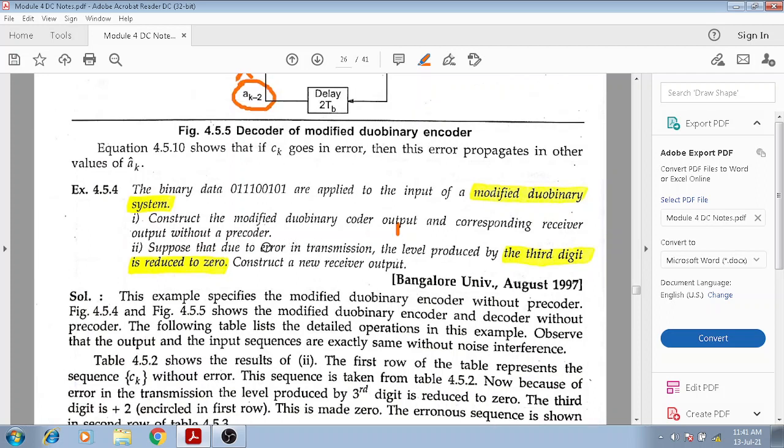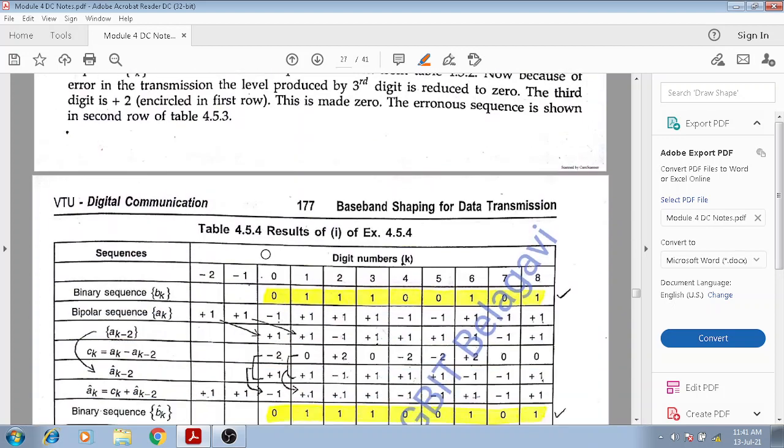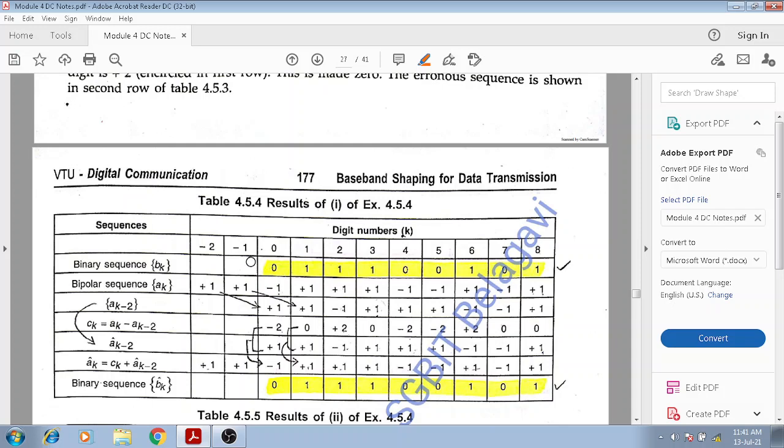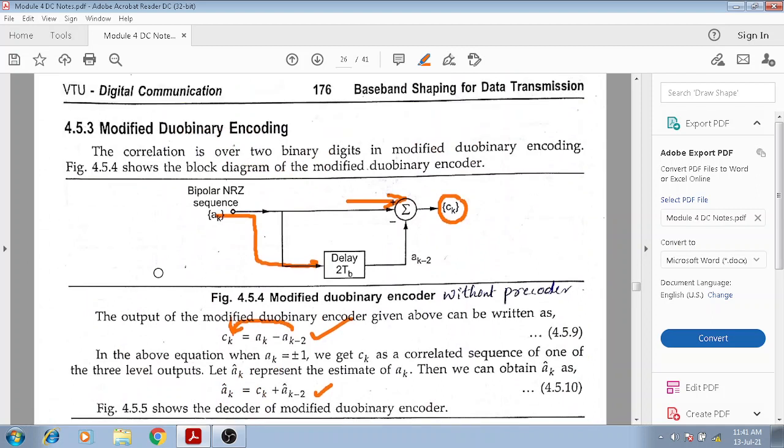So now let us write down the binary data sequence as it is. Look at here. So this is my binary data sequence BK. If you remember the block diagram of the modified duobinary encoder, I will show it again. So there is AK, and before this the binary data sequence BK is given and it consists of ones and zeros.